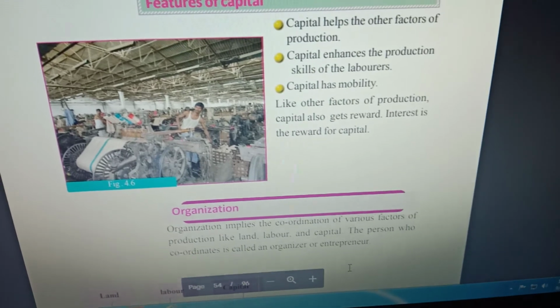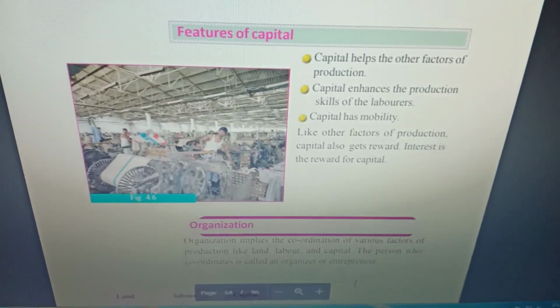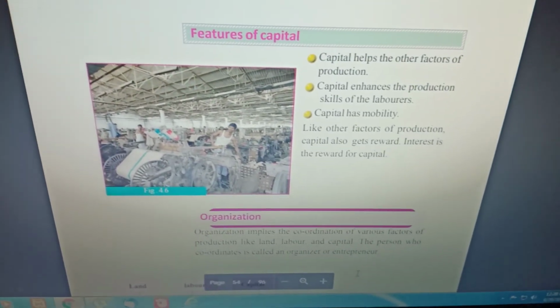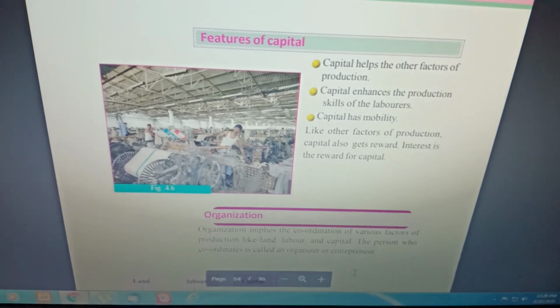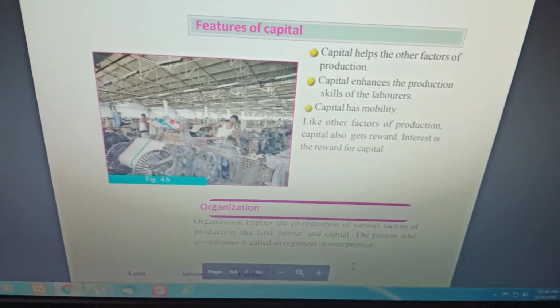Second point, capital enhances the production skill of the laborers. We all know that for every production process there will be a target.